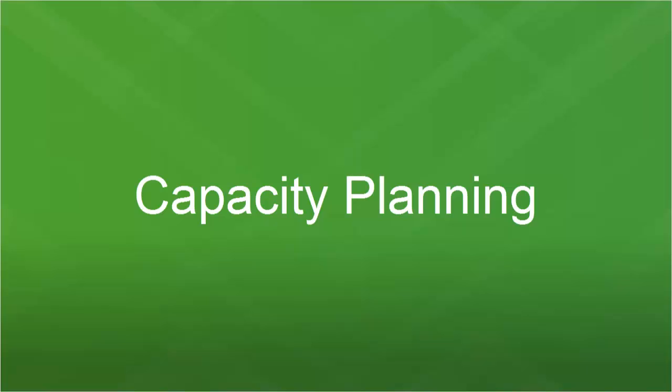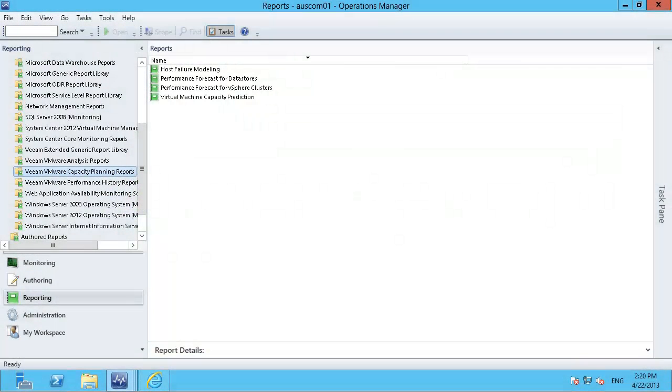So the next area of focus is a critical area of focus for operations guys, for virtualization guys, and that's capacity planning. Capacity planning is a key element of any virtualization environment because it really drives your decision-making process in terms of how you're going to resource things, how you're going to provision things, and of course making sure that you can be proactive in your monitoring strategy to ensure that something doesn't become such a problem that it causes an outage to the virtualization environment when we're dealing with performance bottlenecks.